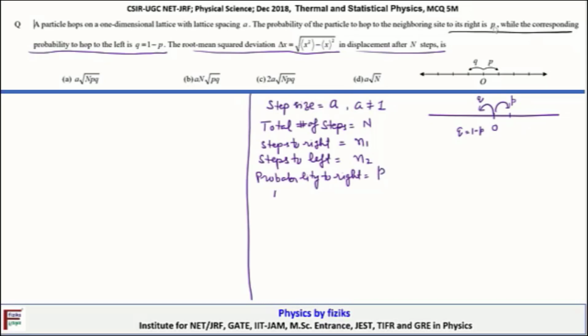Similarly we assume that the probability to left is equal to q, and this is connected to the probability to the right by the expression q equal to 1 minus p.